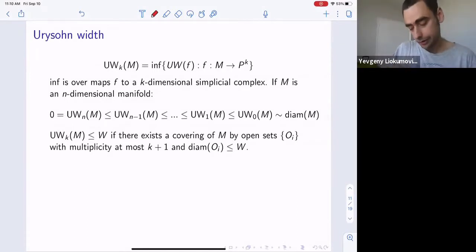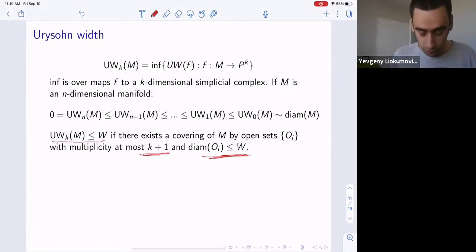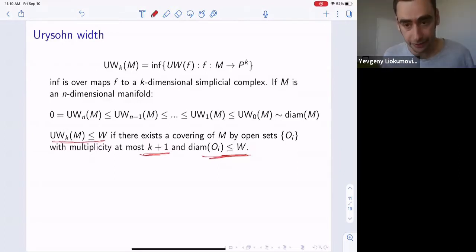If you can cover your metric space by open sets, such that each open set has diameter at most W, and the multiplicity of the points that lie in different sets is at most k+1 sets, so the multiplicity of this covering is at most k+1, then the Urysohn width will be bounded by W. In the other direction, the k-dimensional Urysohn width is equal to the infimum of all W's for which such a covering exists.